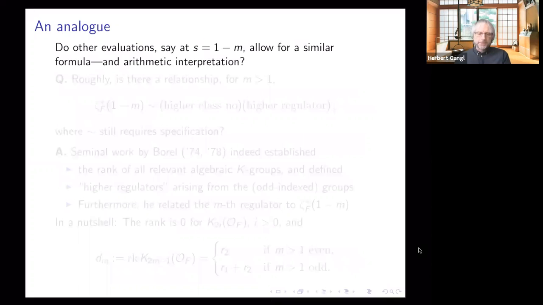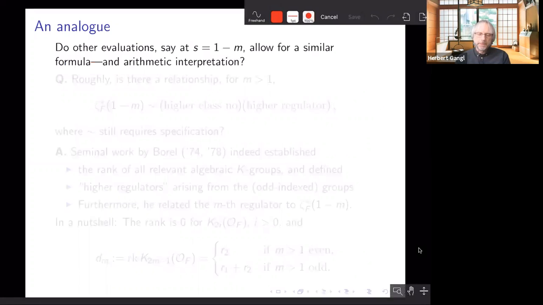I would like to now go to higher analogs. The prototype of the formulas that I'd like to discuss is the one that we just looked at, zeta_F star at 0. We want other evaluations, for instance at minus 1, so at 1 minus m in general. Can we say something similar? Do we have an arithmetic interpretation?